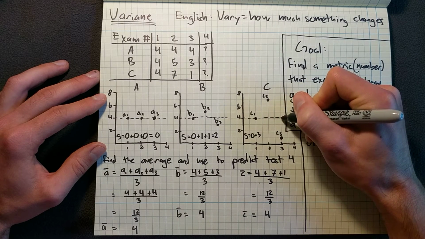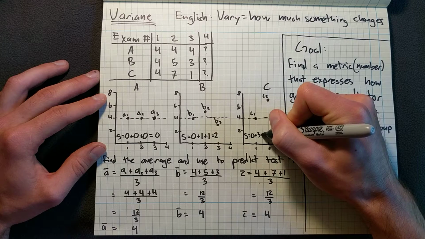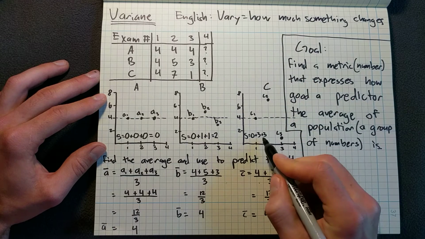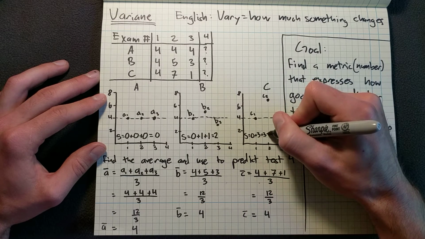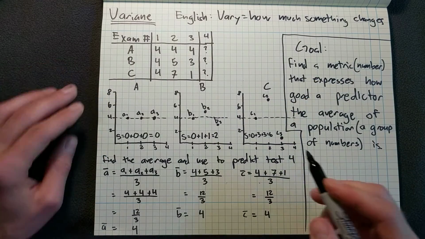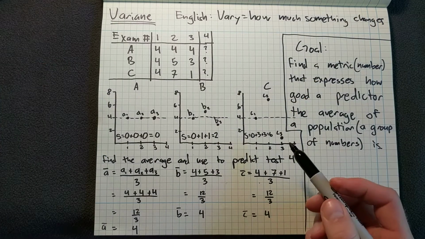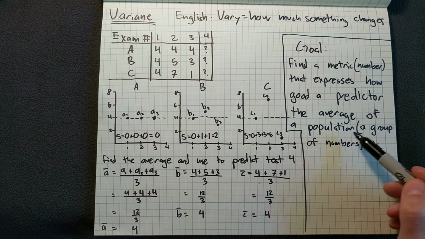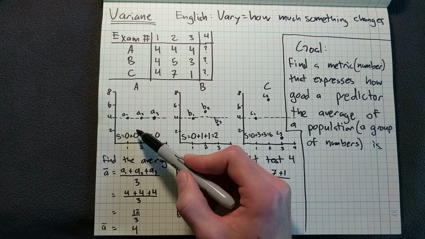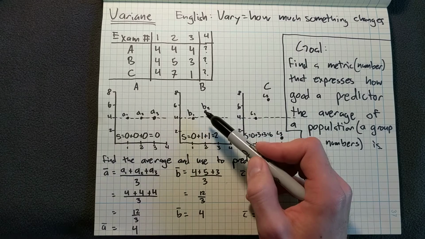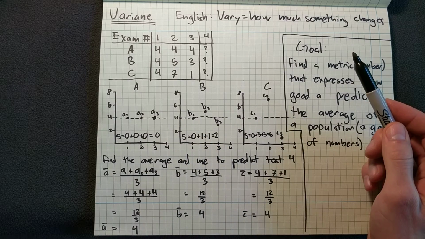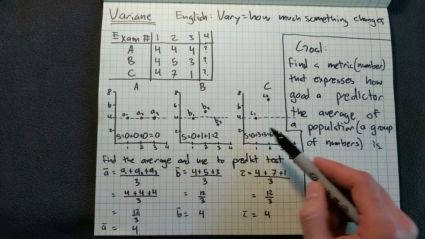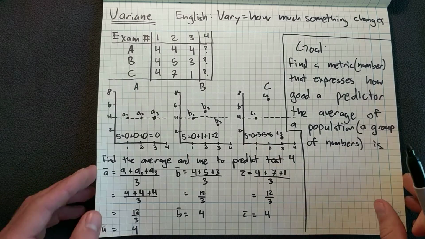For C3, we travel 1, 2, 3, which gives us a score of 0 plus 3 plus 3 equals 6. Okay, so this is good. So now we have an idea of a way to calculate how much our population varies. A is 0, B is higher than A, and C is higher than both of them. So how can we think about this in a mathematical equation?